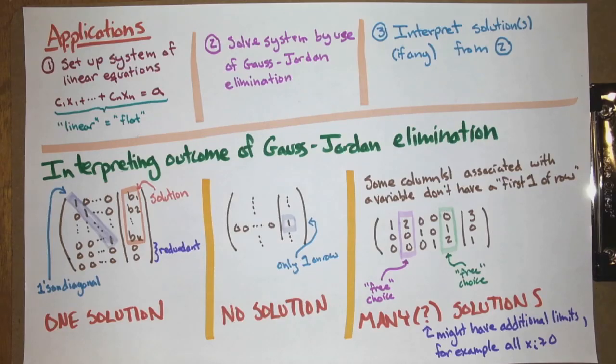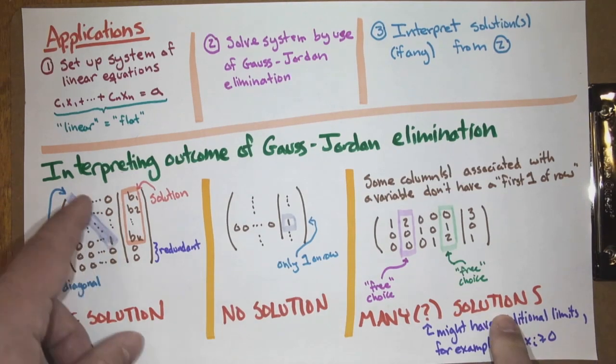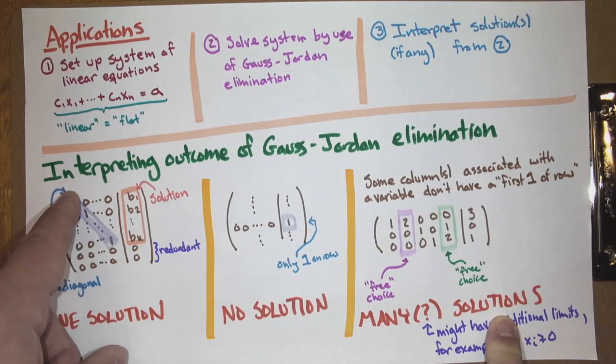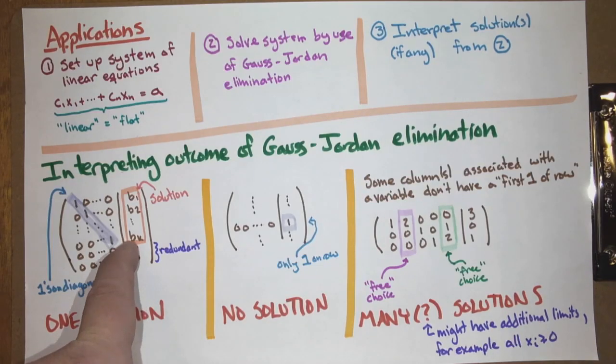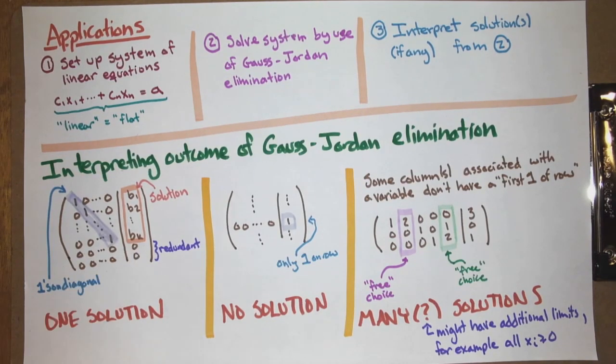Now, there are a couple of things that can happen. The ideal situation is we find one solution. In terms of Gauss-Jordan elimination, what does that look like? To the left of your divider line, because remember we're working with augmented matrices, it looks like almost all zeros except you have a string of ones forming a diagonal all the way down to the line.